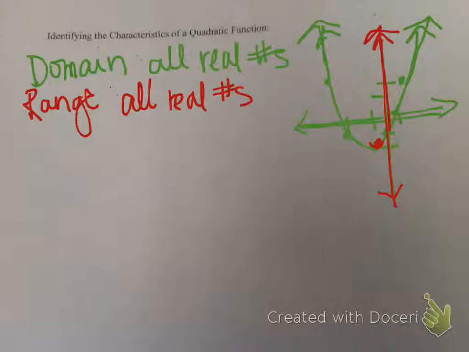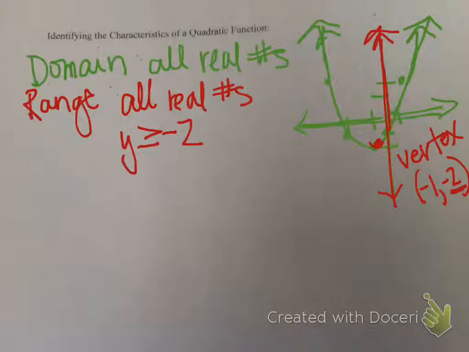So the vertex is at the point -1, -2. And so the range takes a look at that y value and says all real numbers when y is greater than or equal to -2. So that's saying all of these numbers are in the range, but nothing below.